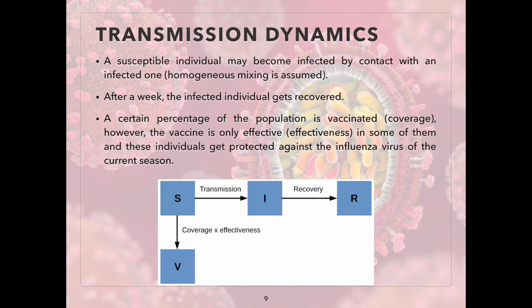Here, we assume the hypothesis of homogeneous mixing. After a week, the infected individual gets recovered. A certain percentage of the population is vaccinated. This percentage is called coverage. However, the vaccine is only effective in some of them, and these individuals get protected against the influenza virus in the current season.